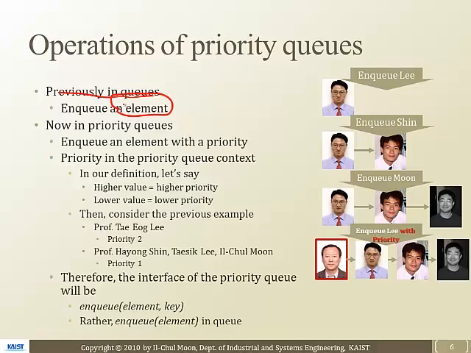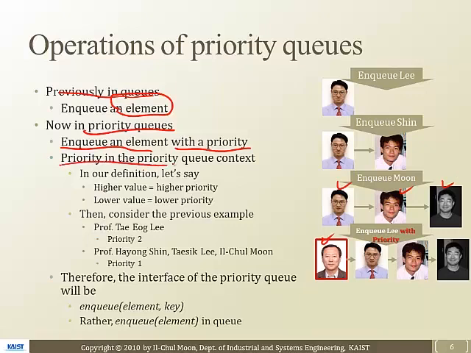However, when we turn the queues into priority queues, now in priority queues, to enqueue an element, we have to add priority, right? So these three people have a lower priority, and this particular person has a higher priority. It means that the element is associated with priority numbers, right?